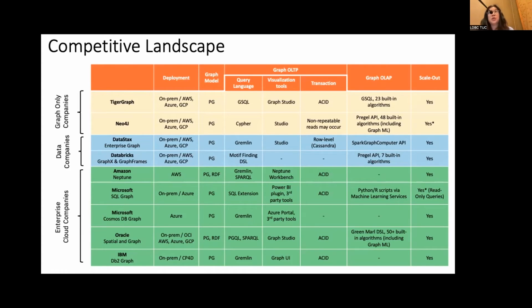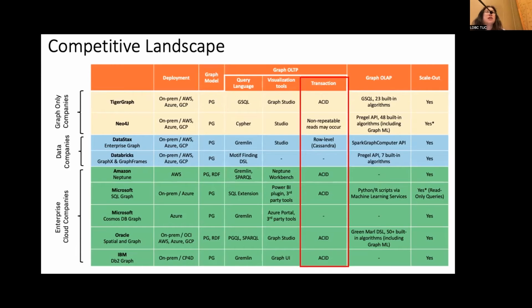Now let's take a look at the different dimensions. In terms of deployment, most of the vendors have both on-prem and cloud deployment. In terms of graph models, property graph models have dominant support. On the graph OLTP side, the graph query languages different vendors use reflect the chaos I talked about earlier. On graph OLTP type of workload, graph visualization is absolutely useful, so most of the vendors also have very strong visualization support.